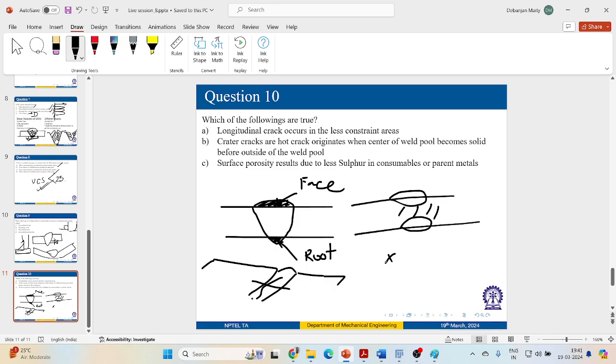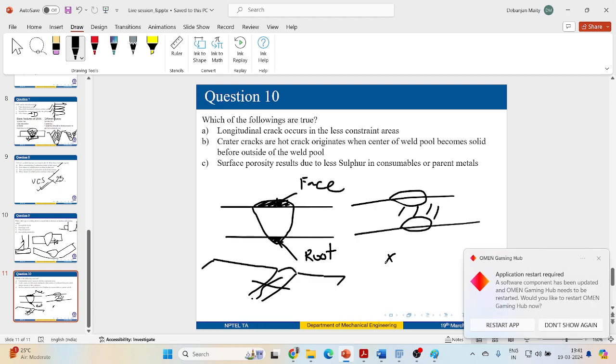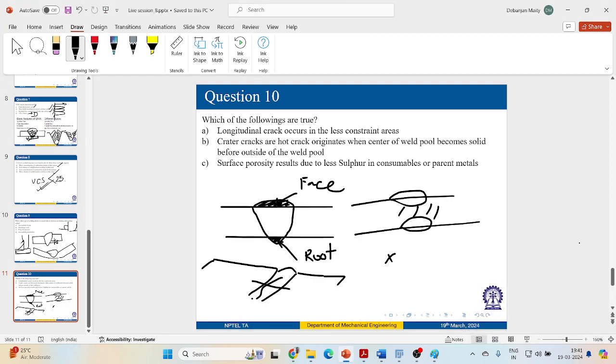Then there can be toe crack also. Toe crack is basically due to the transverse shrinkage stresses, right? This is mainly for heat affected zone and brittleness problems. This toe crack gets generated, and you have to use the preheating technique if possible to make it more ductile.